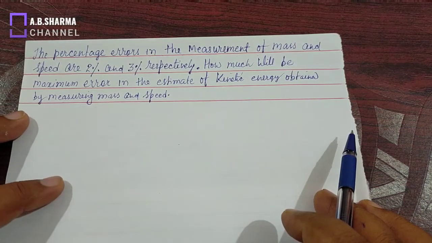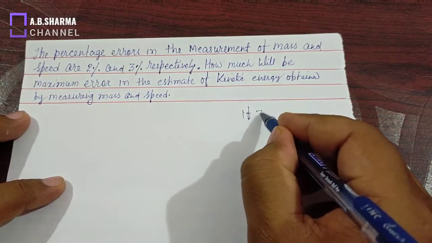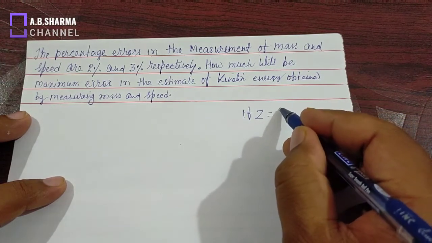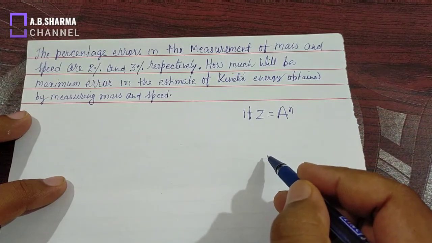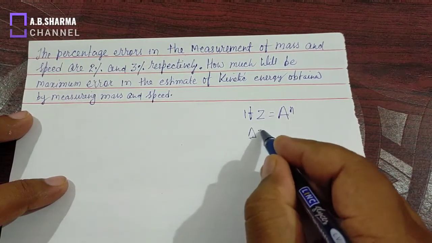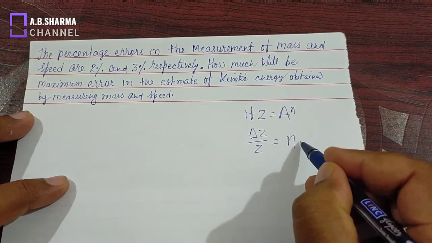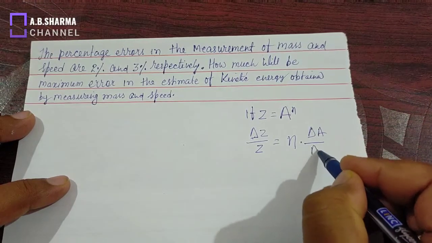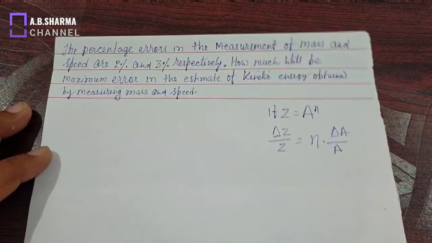From the formula, if Z equals A to the power n, then the maximum fractional error is delta Z by Z equals n multiplied by delta A upon A. This is the formula, and I am expecting that you have studied the theory part properly.